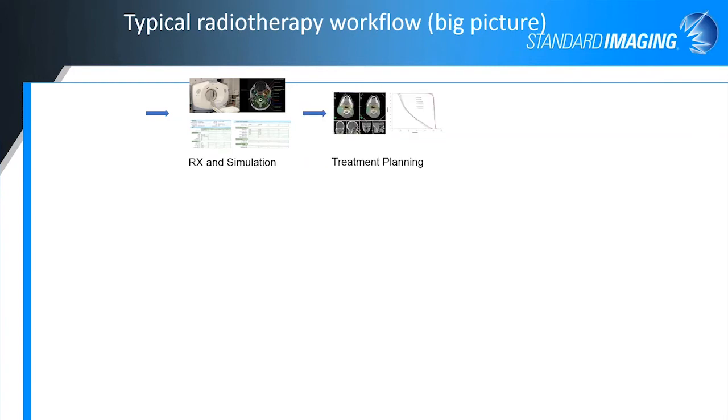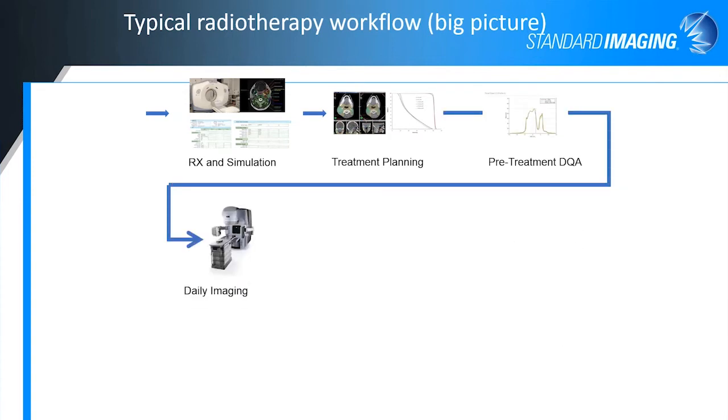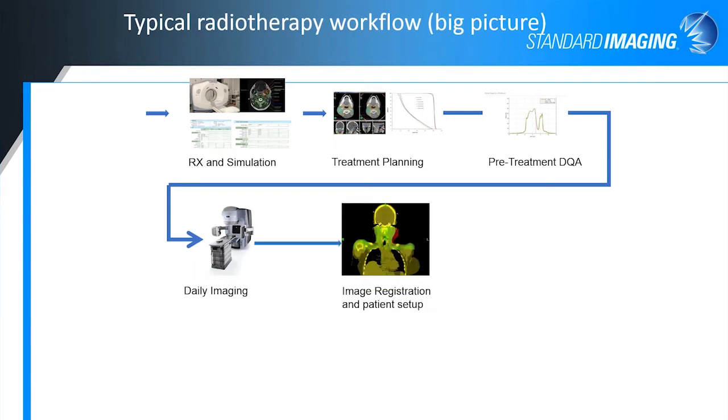A treatment plan is generated and approved by the physician, at which point QA takes place. When the physicist approves the QA, it's time for the patient to start treatment. So for most cases, we're going to be performing daily imaging for patient setup and anatomy evaluation. Once the patient is in the best position for treatment, treatment delivery is performed.